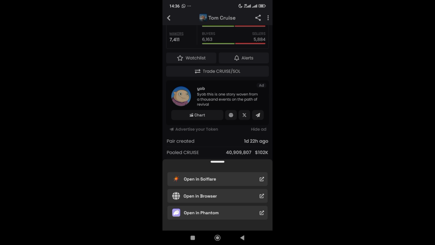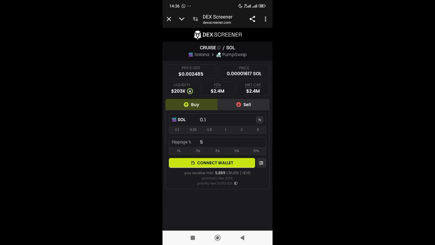Okay, let me show you through the browser. Look at it here. This is the place where you connect your wallet. Once you click on browser, if you have a wallet, you just click on the wallet you have. If you don't, you create one and connect it.